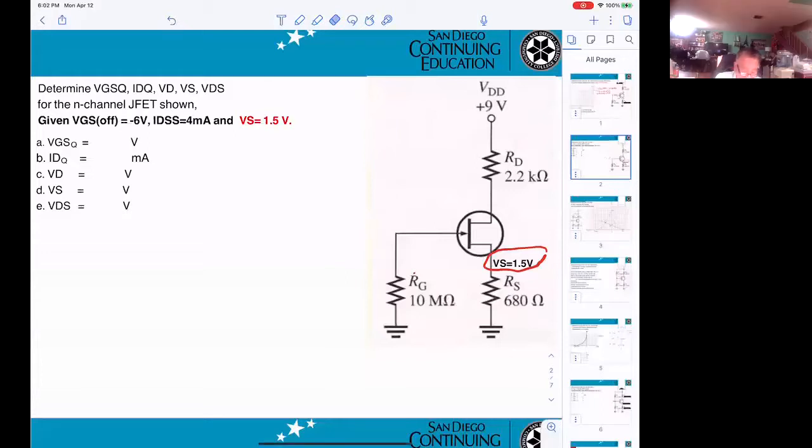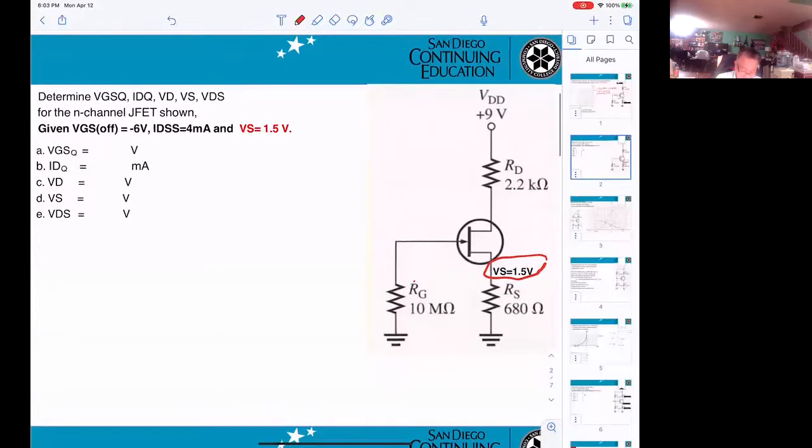Go ahead and quickly calculate, give me the answer. I want to verify, make sure we get the right answer. VGS or ID. ID will be easy to calculate with the calculator.